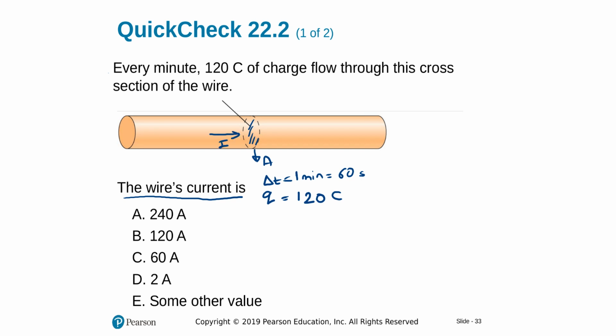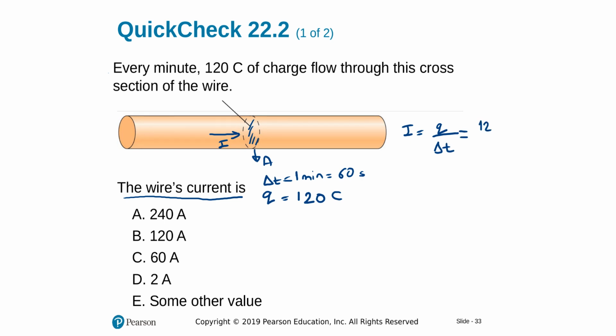To visualize this a bit better, this is because charges are moving. And we'll go with the general equation. Current is equal to charge per unit time, and we'll find our current using that.